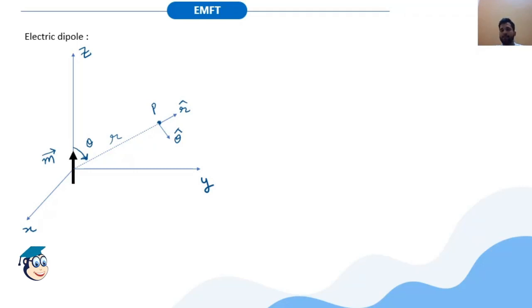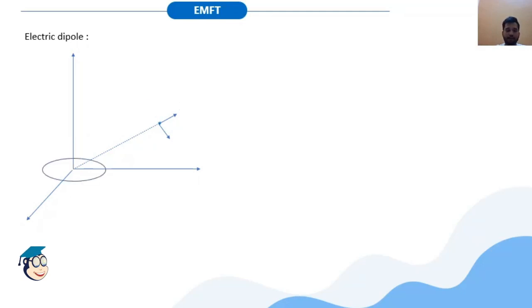Before solving that part, let me tell you one important thing. I am teaching you this part by directly putting the magnetic dipole moment at the origin, but in the IIT JAM exam, they may give a circular loop in place of this dipole moment.